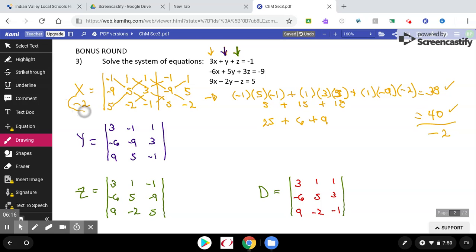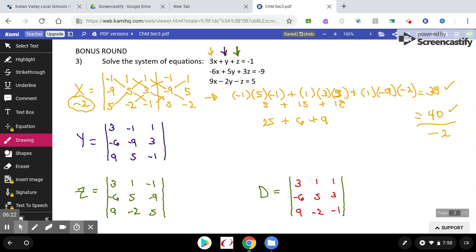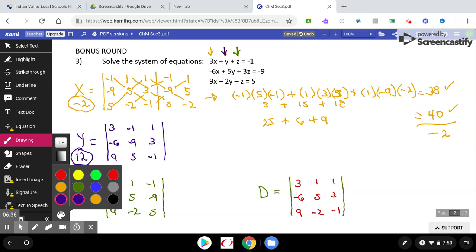The x determinant ended up being negative 2. Again, no way I have time for this, so you're just going to have to trust me. If we went through the same process with the y, it ends up being 12. If we did the same process with the z, it ends up being 3.